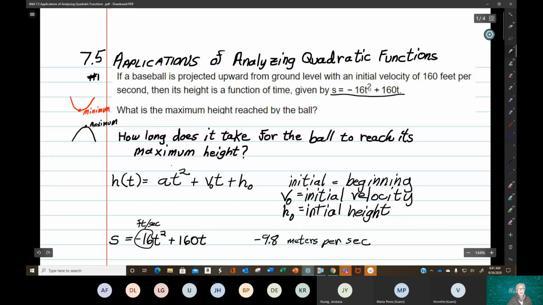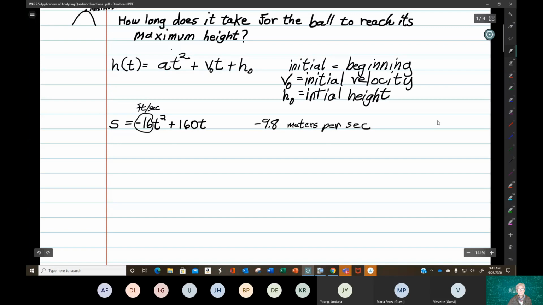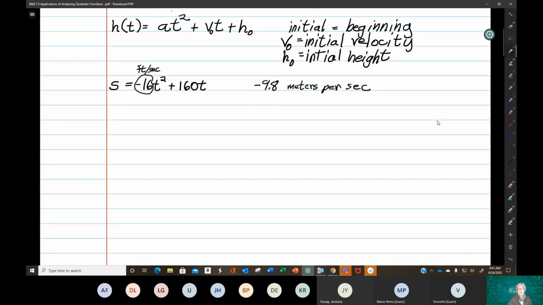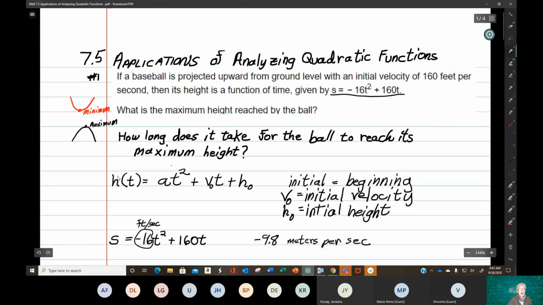T squared is acting like x squared, and S is the old letter that used to be used for height before any of us were born. And it still is a lot of the time. All we have to do is find the vertex to find the maximum. This has a negative in front of the t squared, so it is a cupped down parabola.